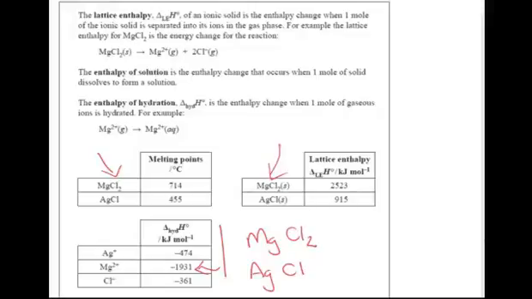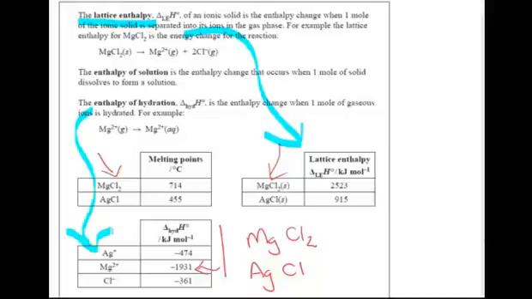Can we explain this? Well, one of the things first of all to realize is that when we look at the information given, we're given lattice enthalpy, we're given melting points, and we're given the enthalpy of hydration here. But we aren't actually given any information on the enthalpy of solution, which is the enthalpy change when 1 mole of solid dissolves to form a solution.